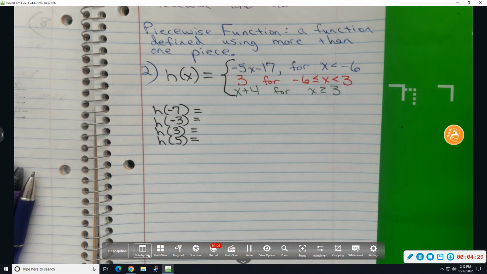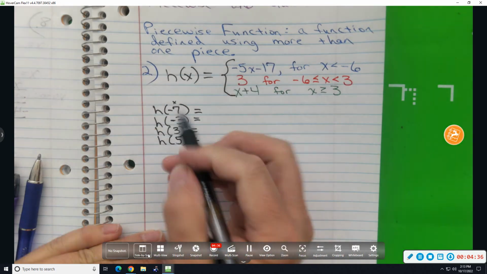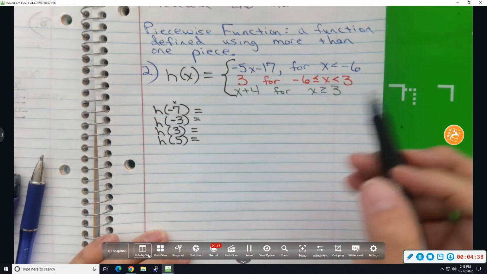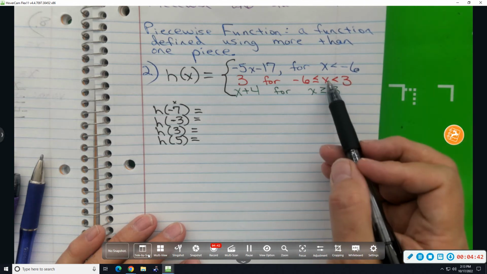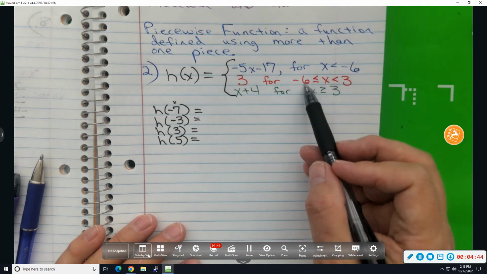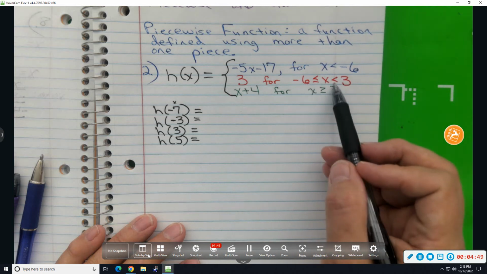In this case, our x value is -7. Is -7 less than -6? Or is -7 between -6 and +3, including -6, but not including 3?